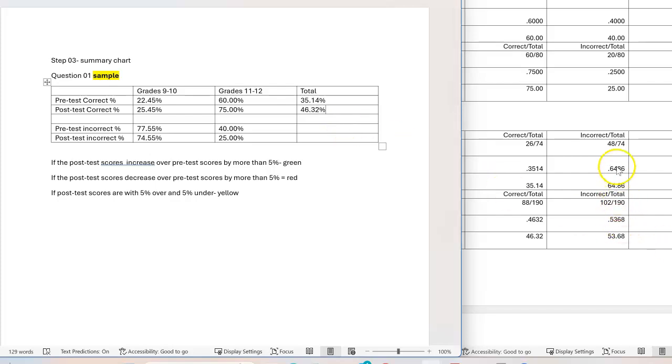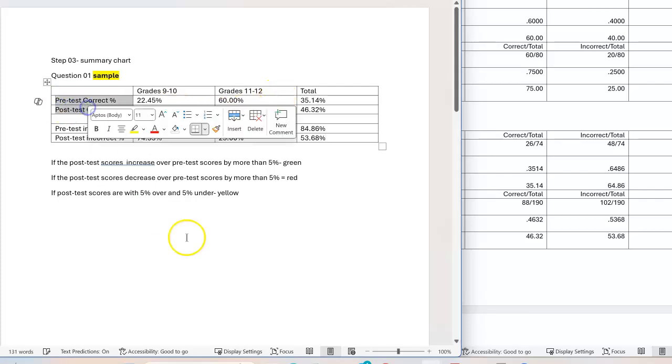And then on the people who got it incorrect, 64.86% got it incorrect on the pretest, and 53.68% got it incorrect on the post-test. So even though you have the pre and post-test scores here, what we're going to look at is just the correct percentages, okay?